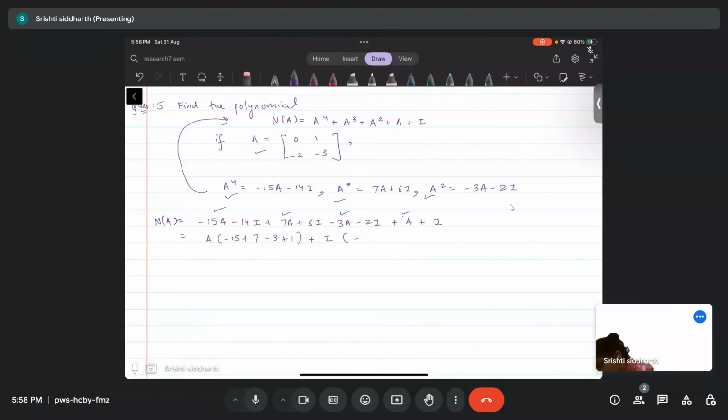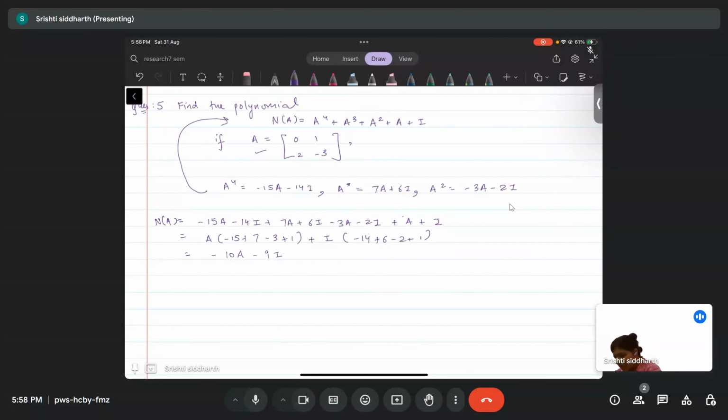And the coefficients of identity matrix are minus 14 plus 6 minus 2 and plus 1. Okay, so now let's compute. This is 8 and 18, so minus 10A, and this is minus 7, and then we have minus 9.